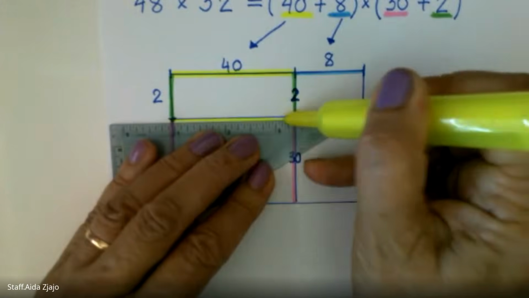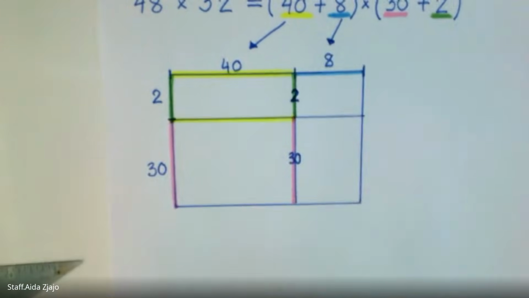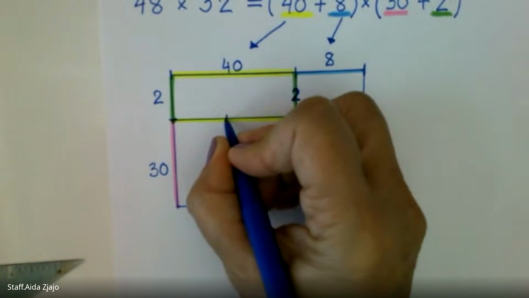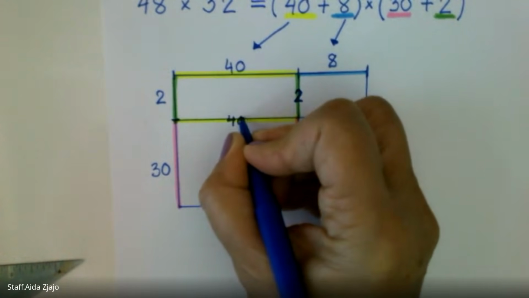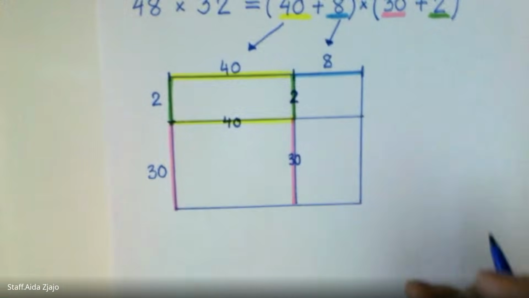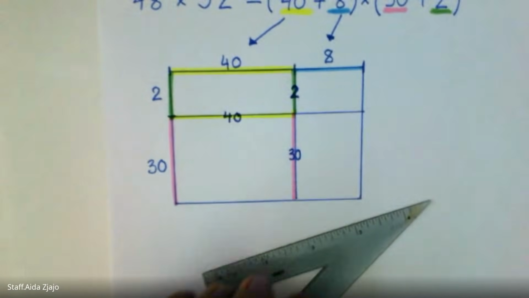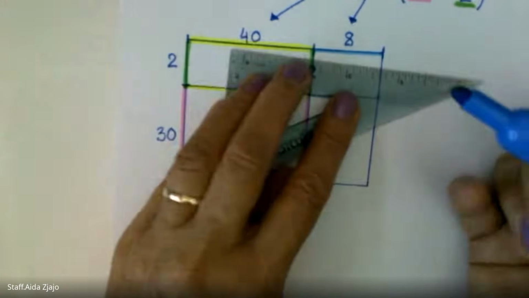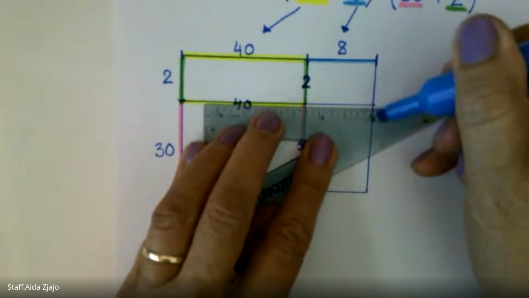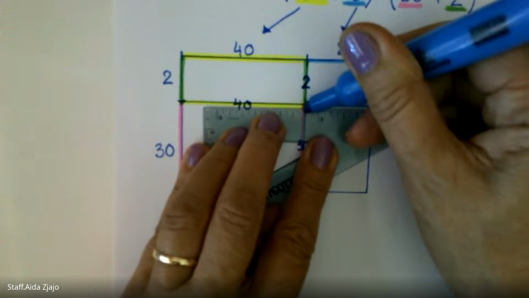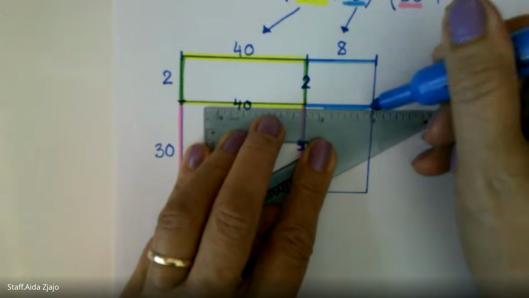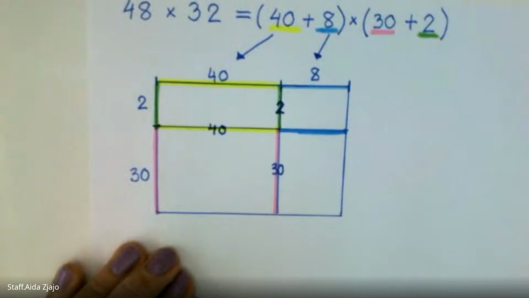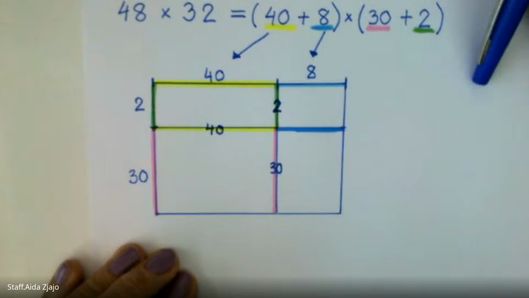So that value is also 40. I like to put 40 there, so I know all the lengths that I'm using. This 8 is the same as this length, which means this is also going to be 8.